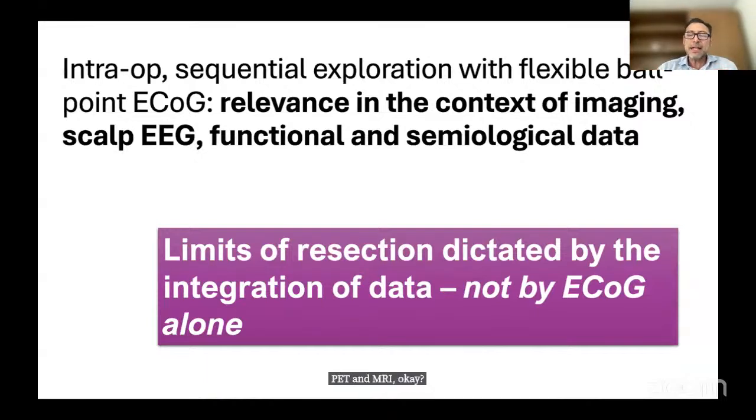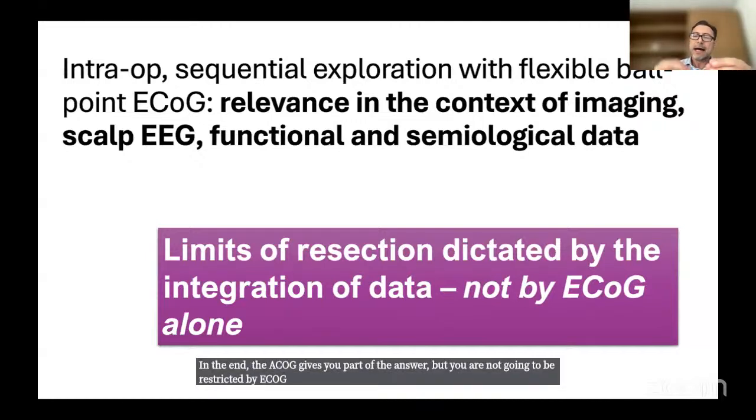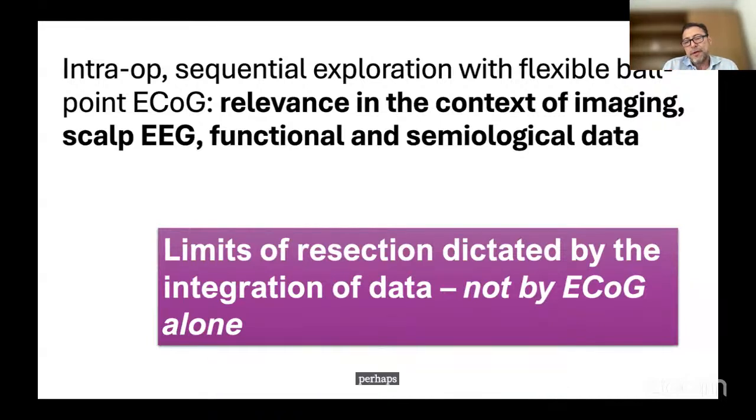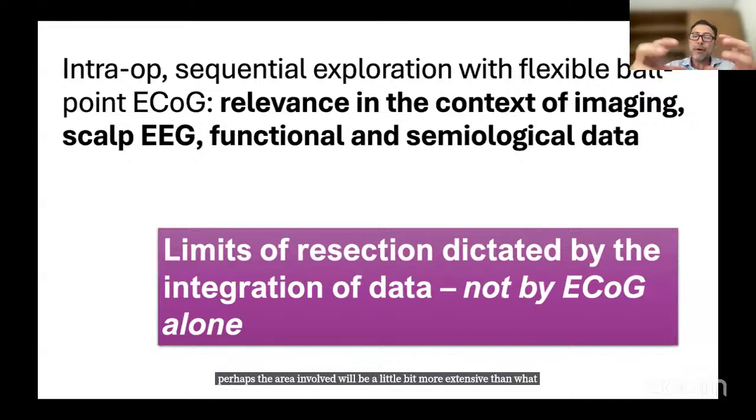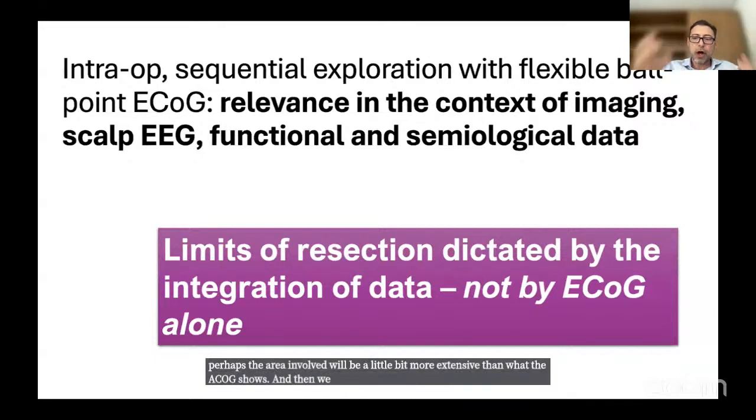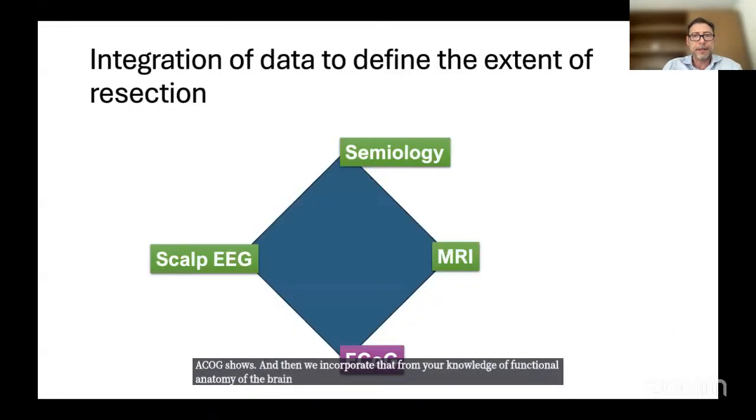So in the end, the ECOG gives you part of the answer, but you are not going to be restricted by ECOG if you have, for instance, clear-cut ideas. In a case like that, perhaps the area involved will be a little bit more extensive than what the ECOG shows. And then you incorporate that from your knowledge of functional anatomy of the brain, semiology, and scalp EEG, okay?